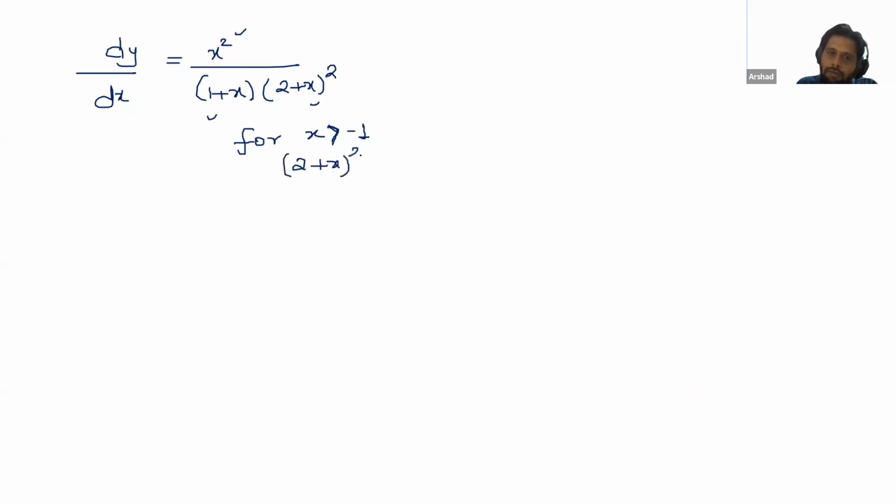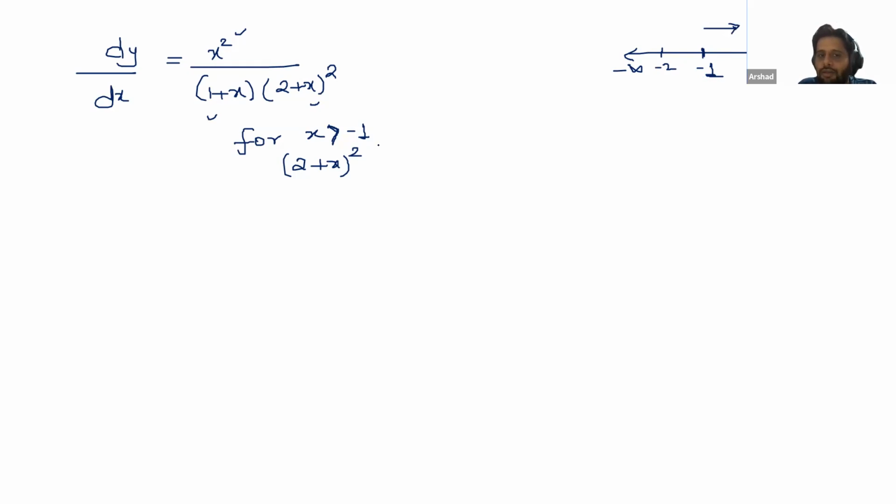I'll draw the number line so that it is easy for you to decide. This is minus infinity, this is infinity, and you have 0 here. These are not the critical points. I'm just marking 0 so that you can analyze it. Here you have -2, suppose here you have 10. Now, they are saying x is greater than -1, that means this side. They have not even included -1.